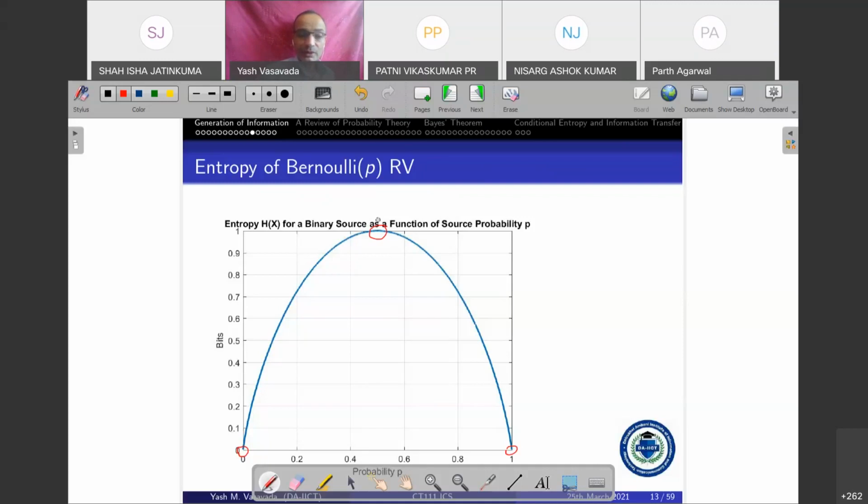And so every time you toss a coin, you get 1 bit worth of information on average according to the entropy function. And then for the other values of P, the generated information is smaller than 1. For example, if P is close to, let's say, maybe 0.1 or so, then this average amount of information generated by the source is not 1 bit, but it drops to just half a bit.